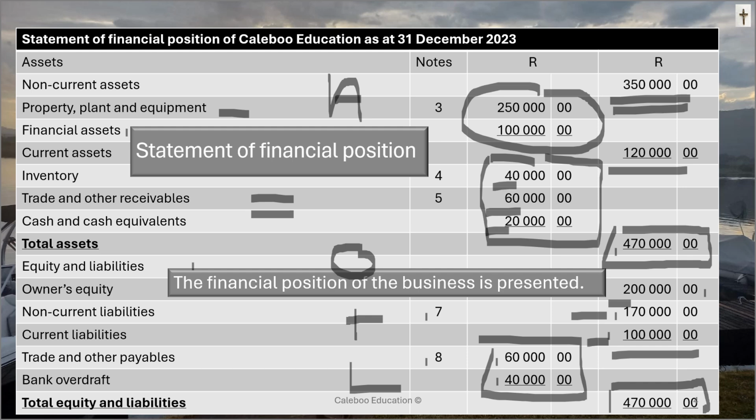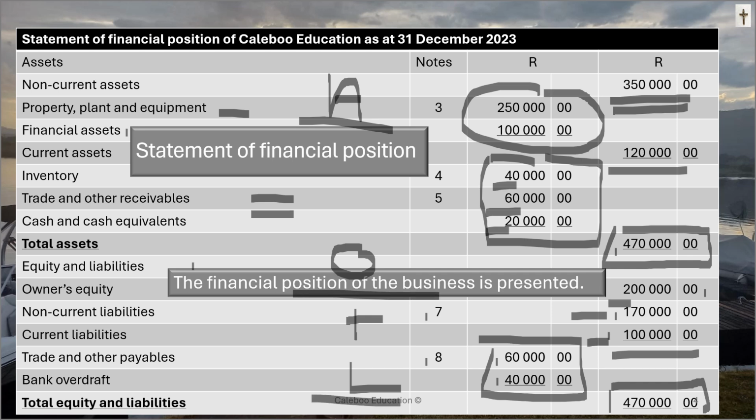There are a whole lot of ratios that we can calculate using the numbers on this document, but more about that a little bit later. The statement of financial position, what is on this balance sheet, are your assets summarized, owner's equity, and liabilities.